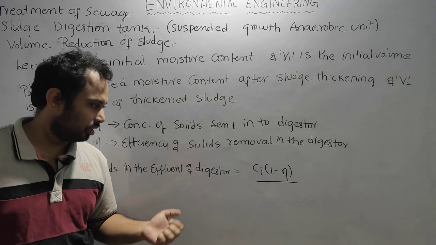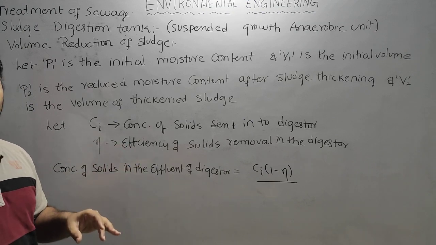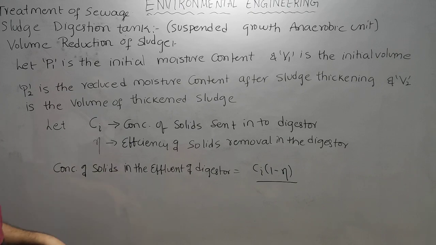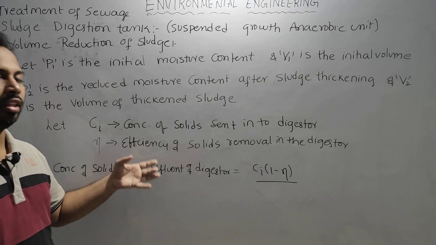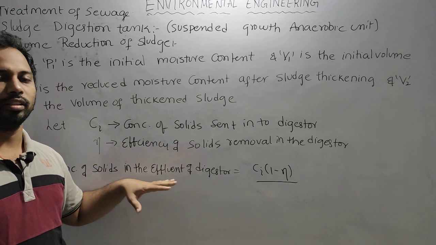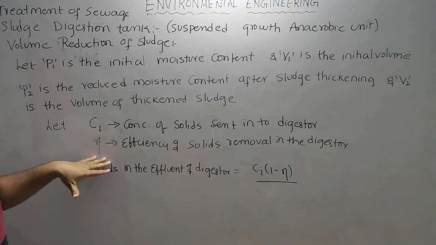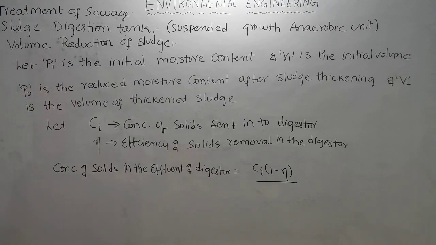After the sludge digestion, there will be digested sludge. That digested sludge will also contain some amount of solids. So this is the concentration of the solids in the digested sludge. What we need to do with the digested sludge, we will discuss in the next topic, that is solid waste management.